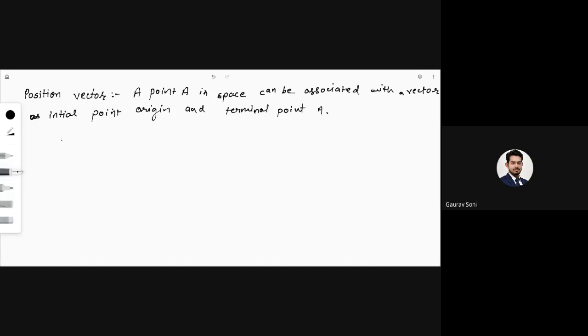So how will we denote this vector? The vector is starting from the origin. We'll call it O, and it is ending at the point A. So the vector OA bar. Whenever I use this kind of notation OA bar, it means that the vector is starting from origin, ending at A. It is denoted by OA bar, and the other notation is A bar.